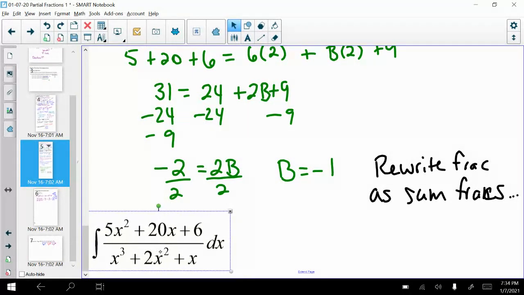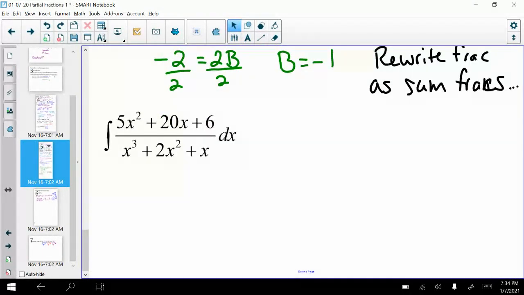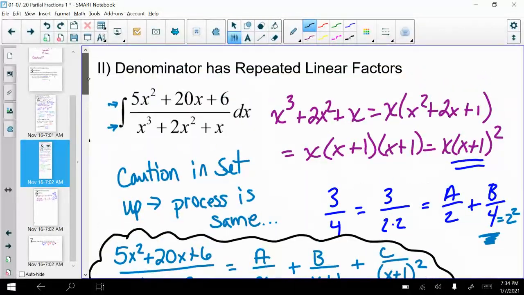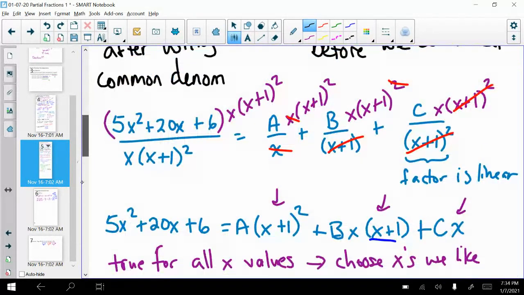Beautiful. Okay, now we said that that was equal to, and since it's an integral, I'm going to stick with the integral, a over x, b over x plus 1, and c over x plus 1 squared.